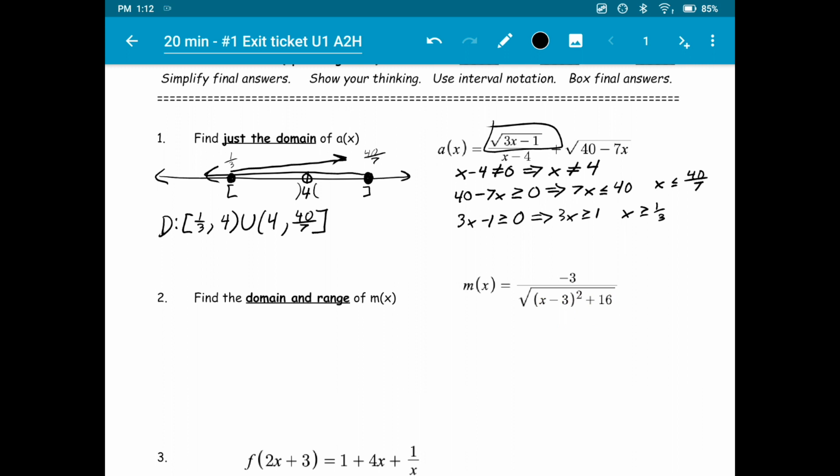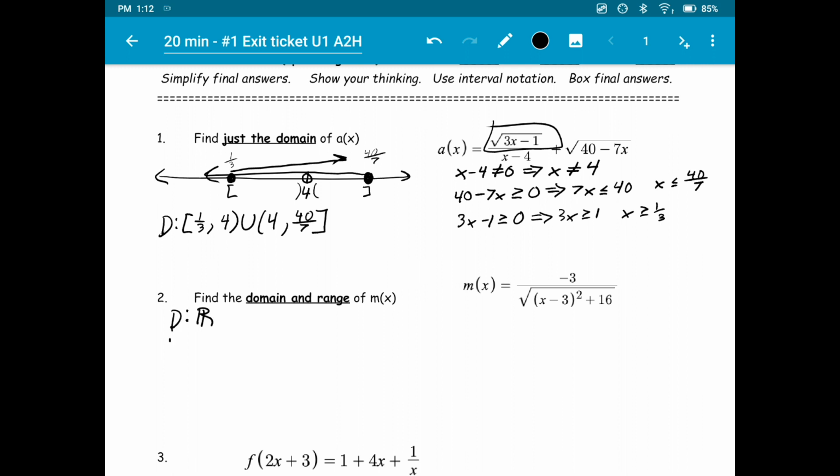So my denominator has the square root that is big enough that that's not a problem. In terms of division, the denominator is bigger than 0, so I'm not dividing by 0 ever. So my domain is all real numbers.